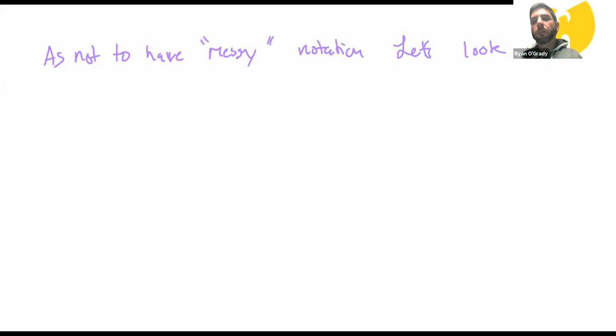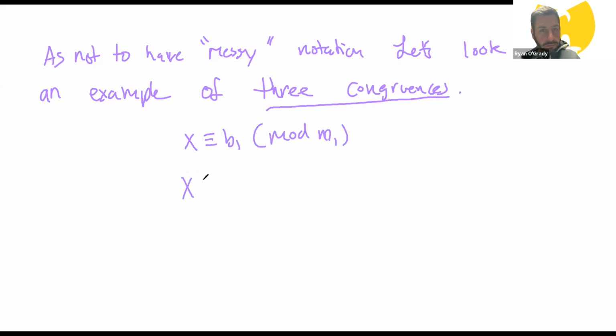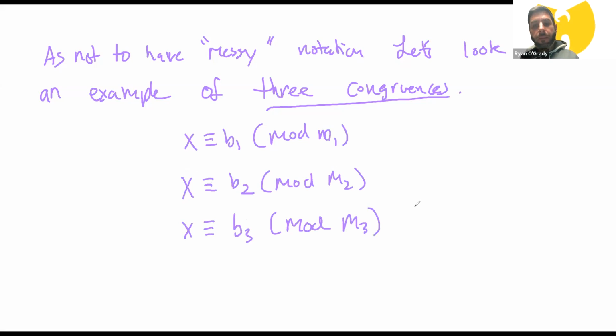Let's look at an example of three congruences. So we're not going to do n. What would three congruences look like? It would look like x congruent to b sub 1, where b sub 1 is some number, mod m1. x congruent to b sub 2, mod m sub 2, and then x congruent to b sub 3, mod m3.